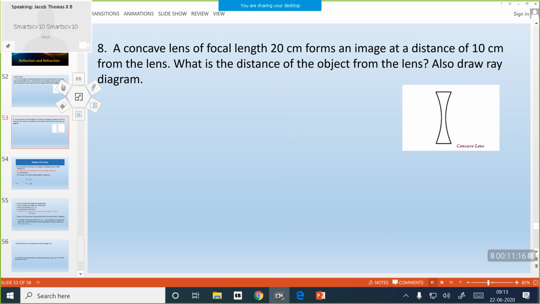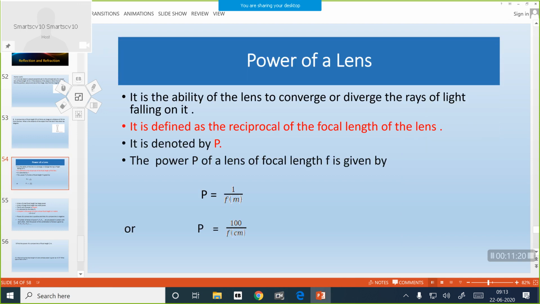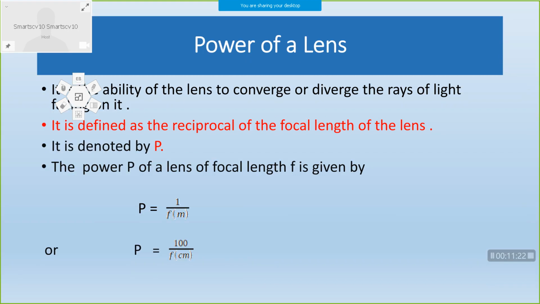Okay children, so we will continue. Next we are going to learn the topic power of a lens. So what do you mean by power of a lens? You have already learned in 9th standard what is power in mechanics, isn't it? What is power?